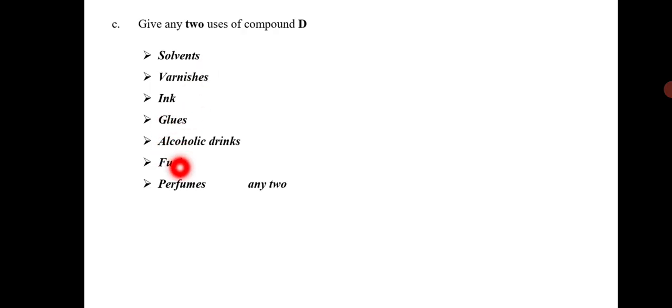Any of these will do, but suffice to say that in most of these uses, it's working as a solvent, except this use here, where it is being used as a fuel. It can be burnt to produce energy.